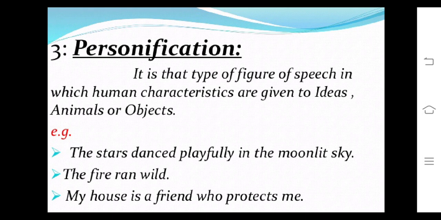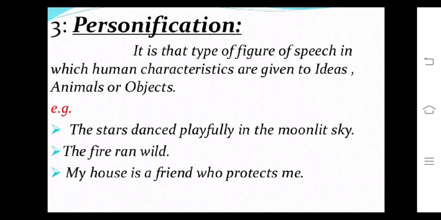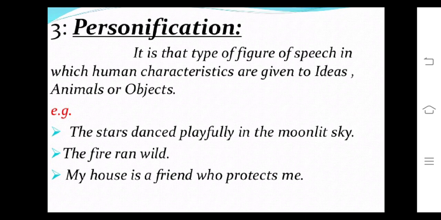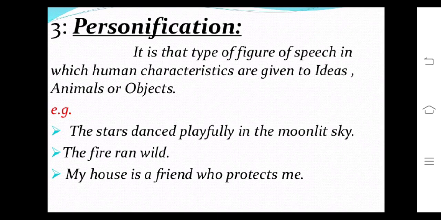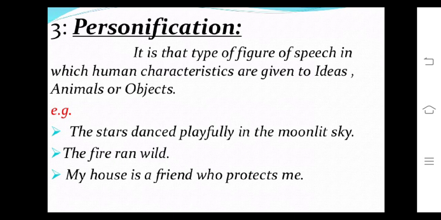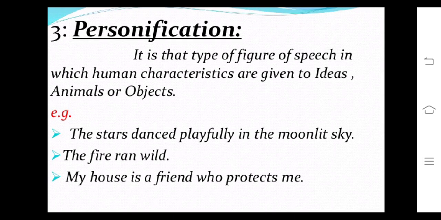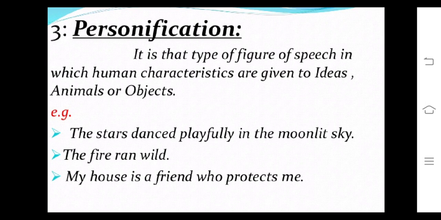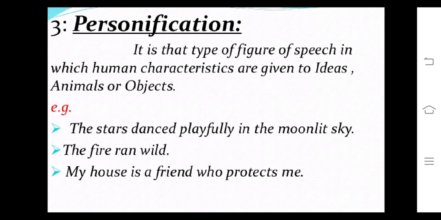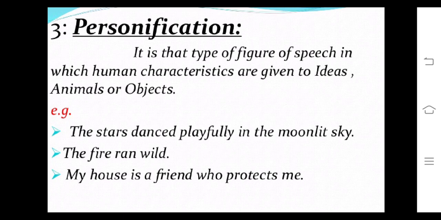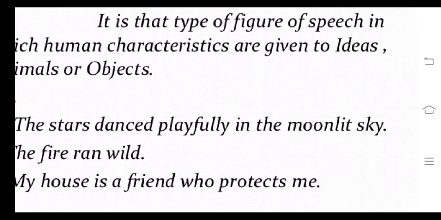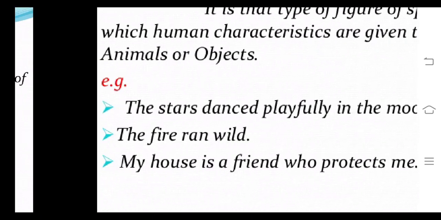The main thing about personification is, if you have seen in a sentence, for the non-living thing we are giving a living quality to that, without any delay you can put it as personification. Got it?